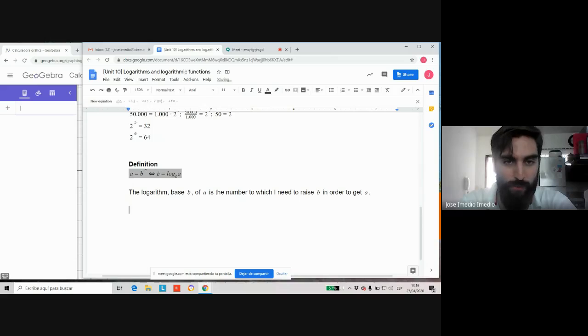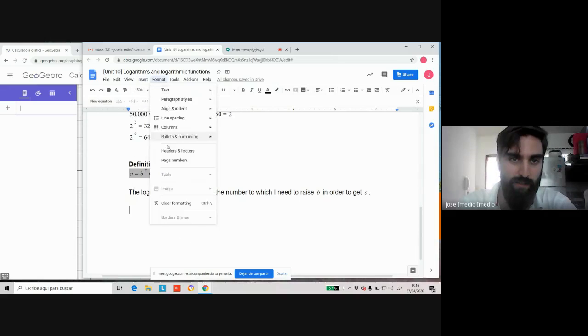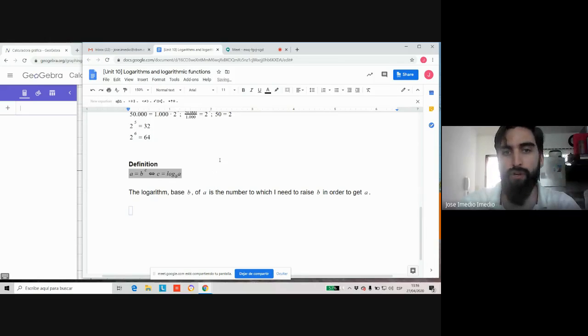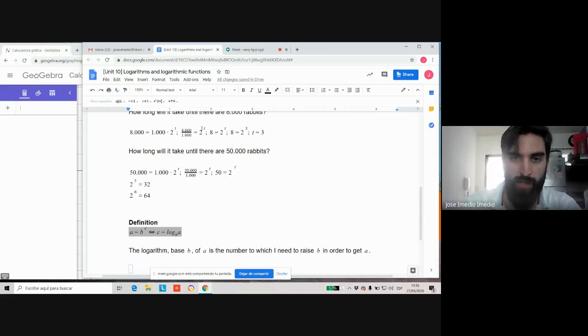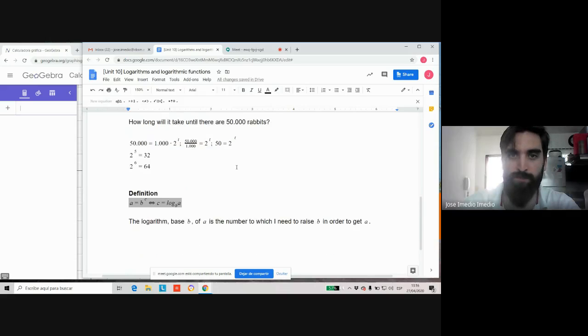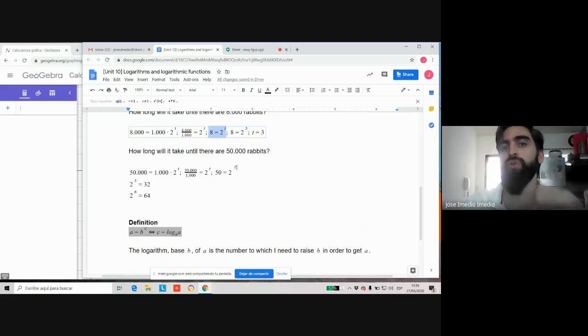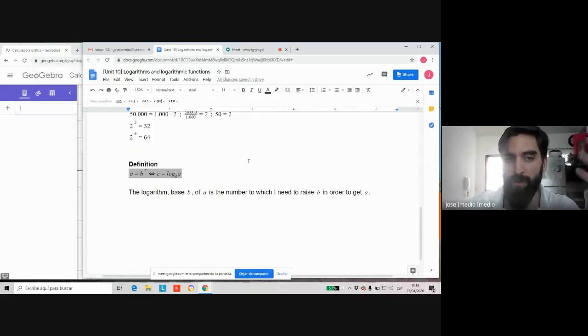Let's rewrite this relationship with known numbers. Okay, let's use this relationship here. 8 equals 2 raised to the third power, okay?